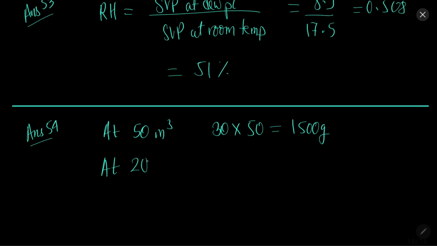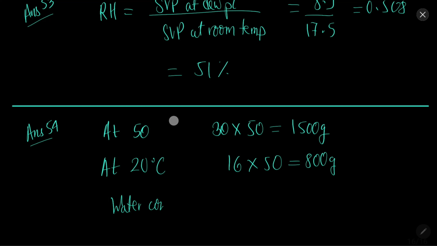And at 20 degrees Celsius it contains 16 into 50, 800 gram. So water condenses how much? 1500 minus 800, that is 700 gram, and this is at 30 degrees Celsius.